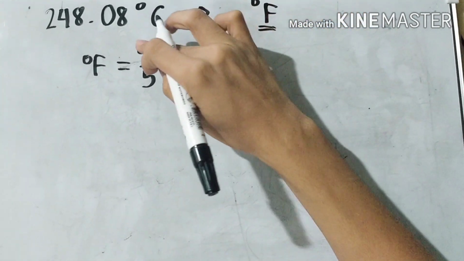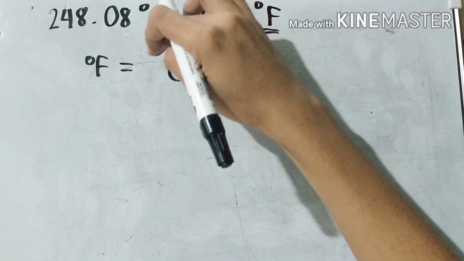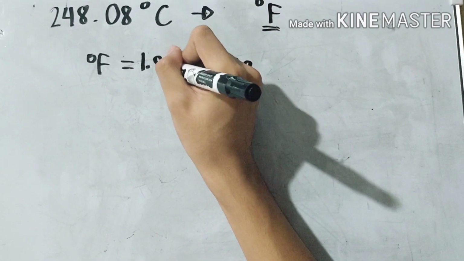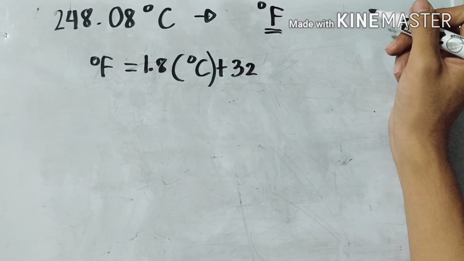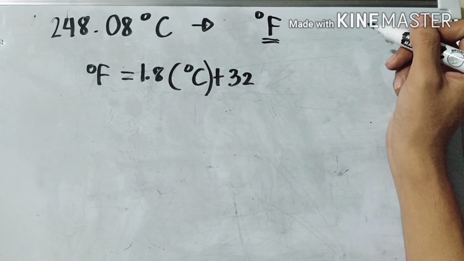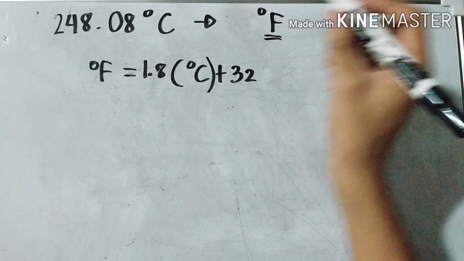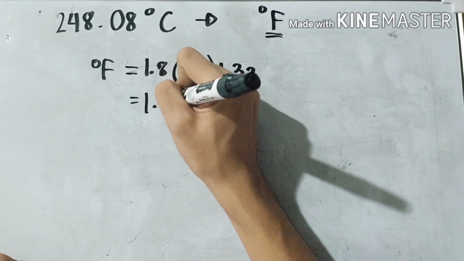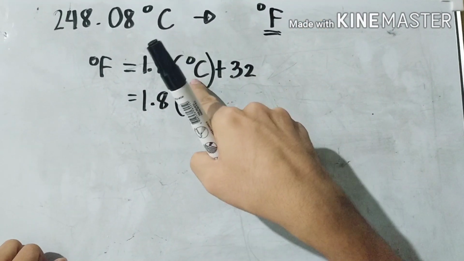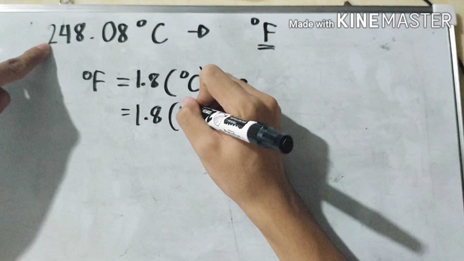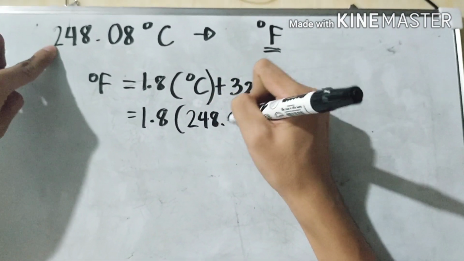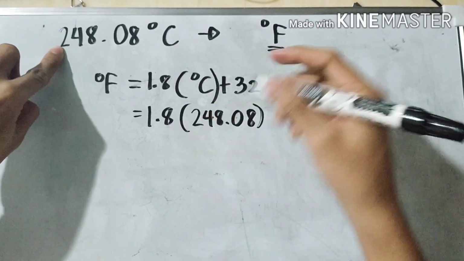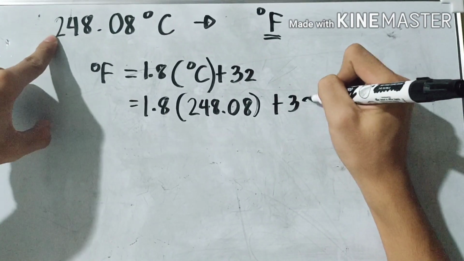But, for me, better use the decimal point, which is 1.8. 9/5 is equal to 1.8. Dinivide lang. Okay. 1.8, tatandaan ng formula, multiplied, what is degree Celsius given? 248.08. You multiply this, and then we add 32.